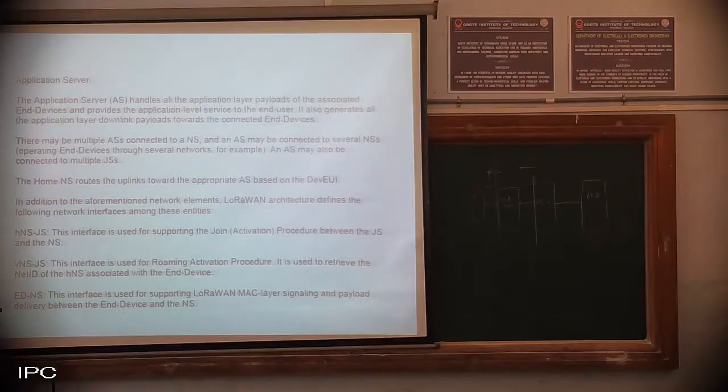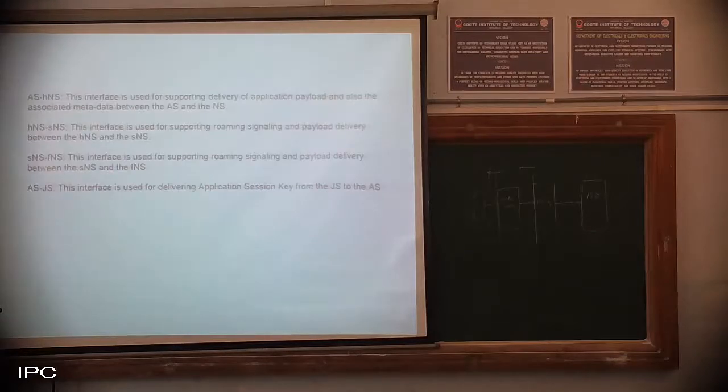And ED-NS is another interface used for supporting LoRaWAN MAC layer signaling and payload delivery between the end device and the network server. And another interface is AS-HNS, supporting the delivery of application payload and also the associated metadata between the application server and the network server.